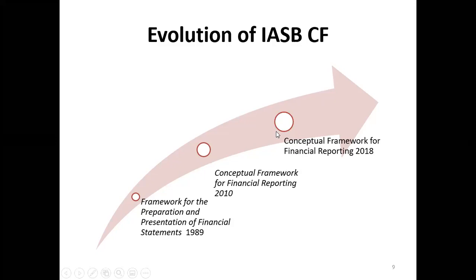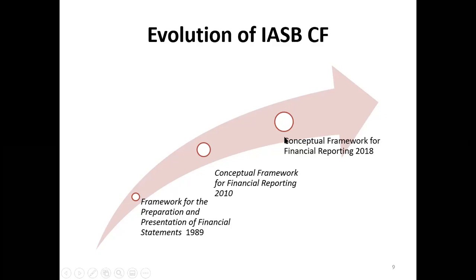They had already revised the objective and the qualitative characteristics in 2010. But apart from that, the definition of the elements and the recognition, measurement, presentation, the rest of the things they revised, and they came up with the fully revised conceptual framework in 2018.